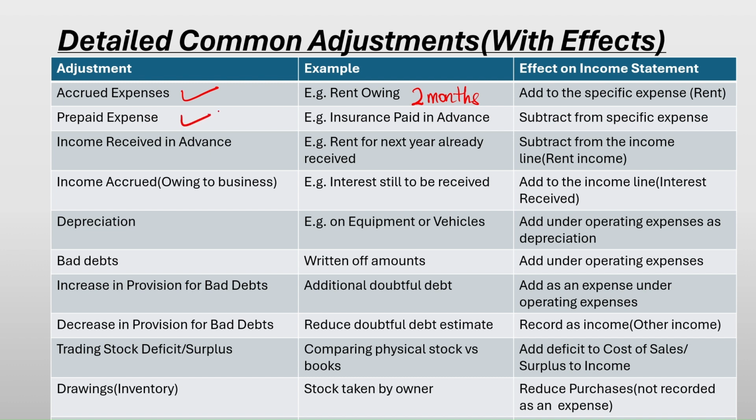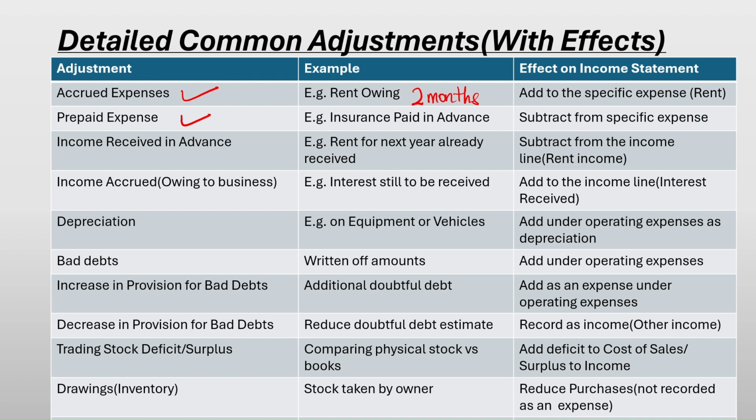And then the second part, we have a prepaid expense. It even says it in itself: prepaid. We have paid for something in advance, for example insurance paid in advance. Remember, in a year we have 12 months, so we need to make 12 payments. But if the company made maybe 13 or 14 payments, that extra payment is what we call a prepaid expense, because they have paid for more.